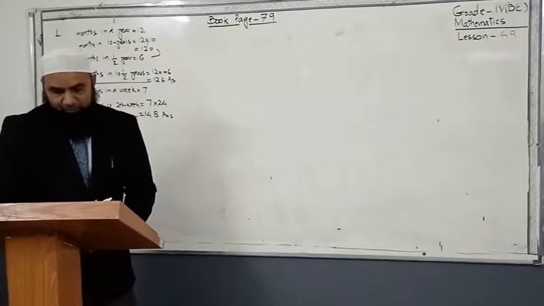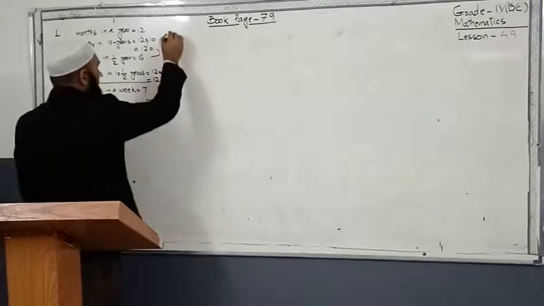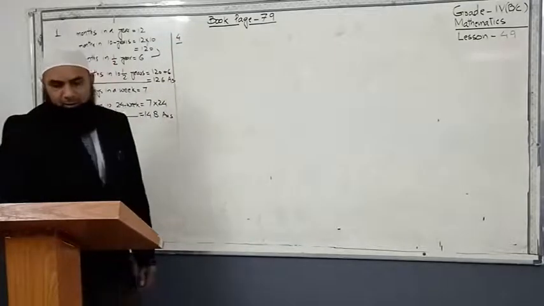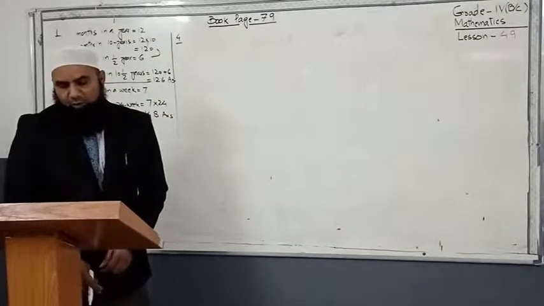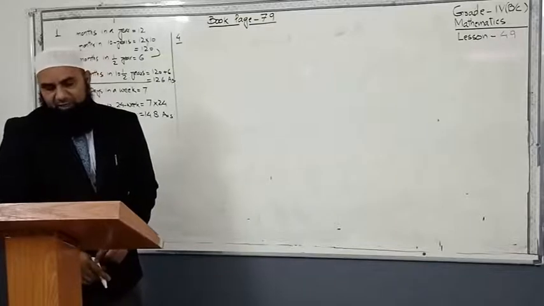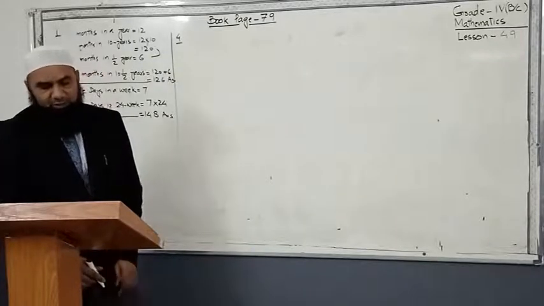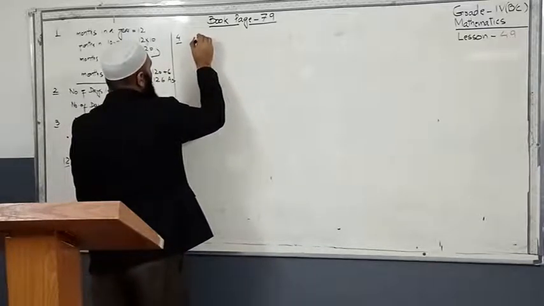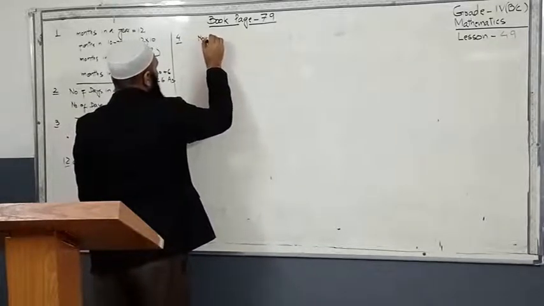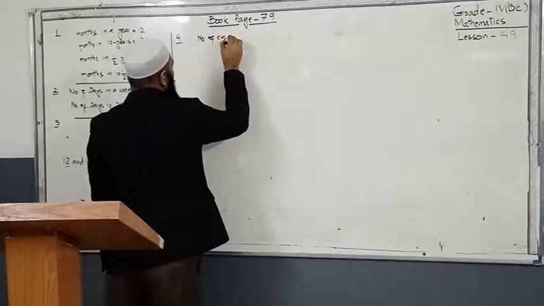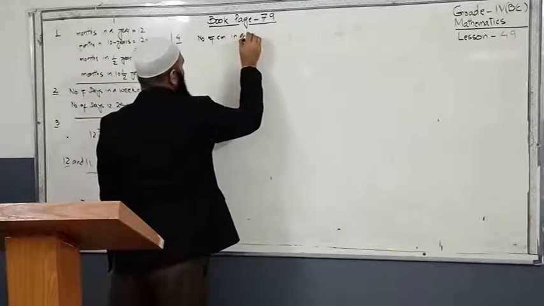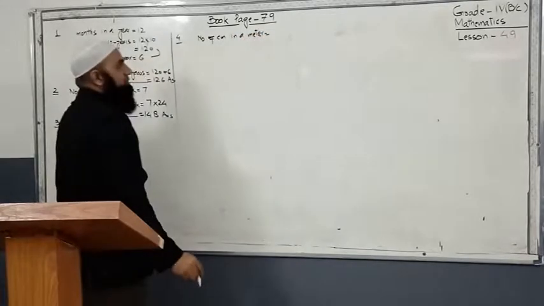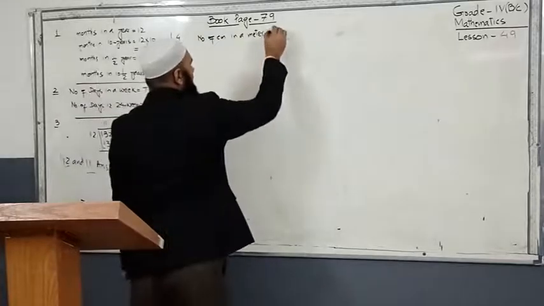Question number 4. 1 over 5 of a meter is equal to how many centimeters? We know that the number of centimeters in a meter are equal to 100 centimeters.